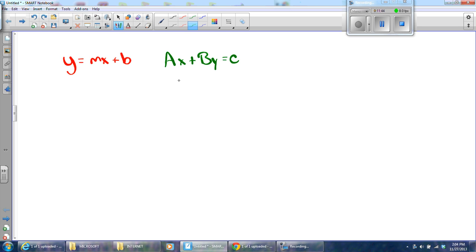Sorry, had a mental lapse there for a second. And we can find the x-intercept by setting y equal to 0 and dividing c by a. The y-intercept would happen when x is equal to 0, and we'll divide c by b. The slope would be -a/b.